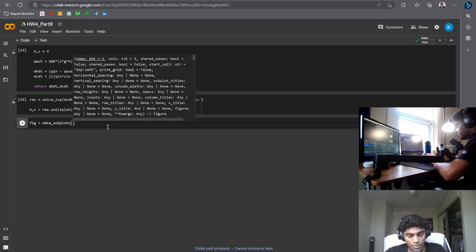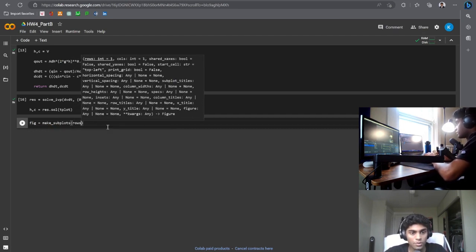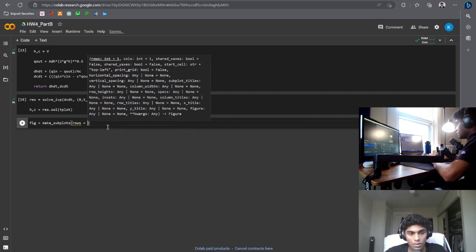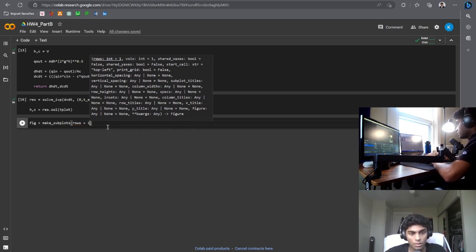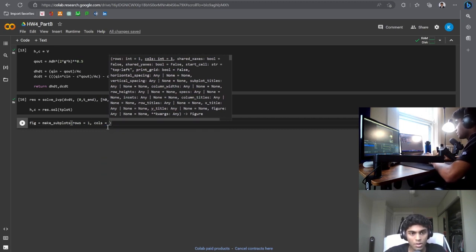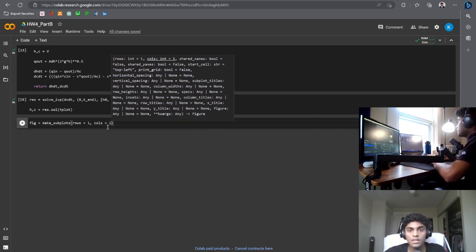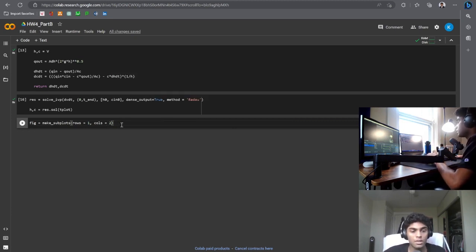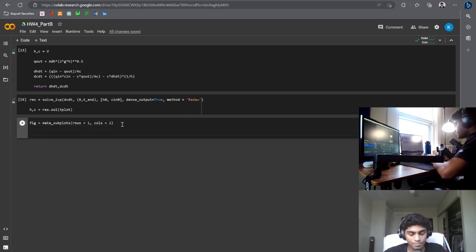What we're actually going to do here is change up the rows and columns because we want to see the height and the concentration side by side instead of just on one graph, so it's a little bit easier to compare.